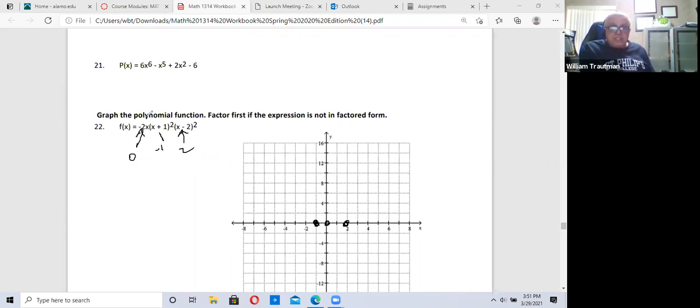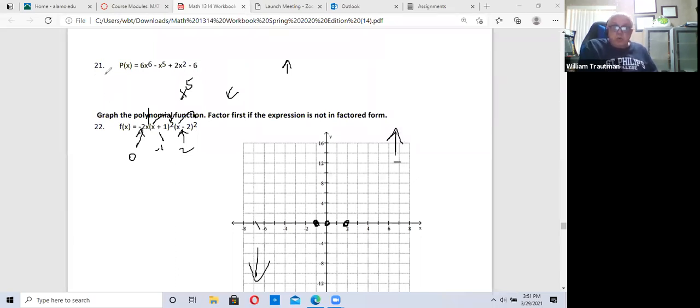Multiply all the x's together: x, x squared, x squared. So the end behavior should be x to the 5th, where the right side is high and the left side is low. So the graph should look like this.